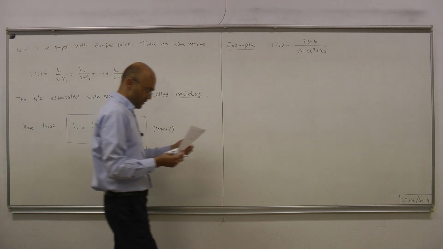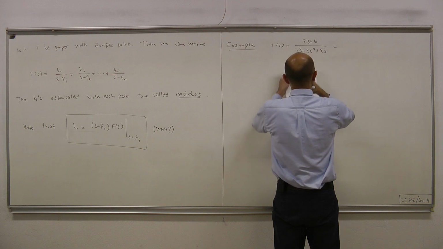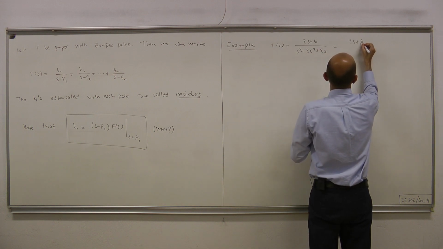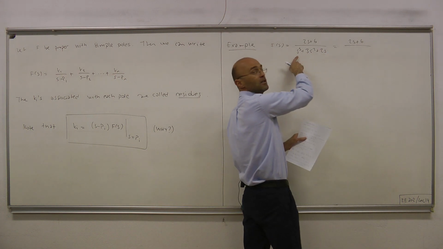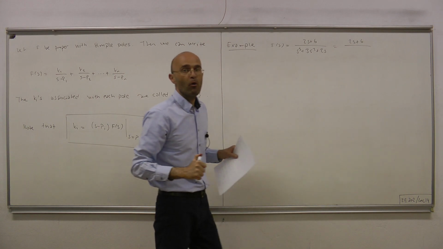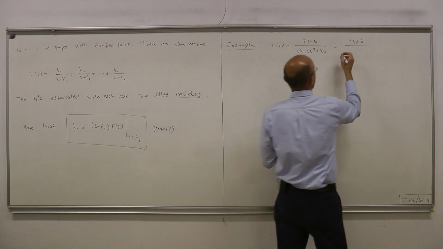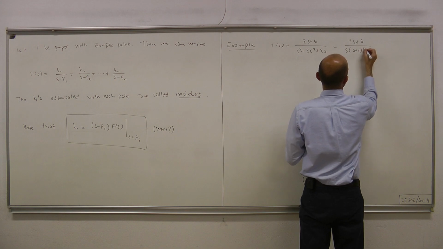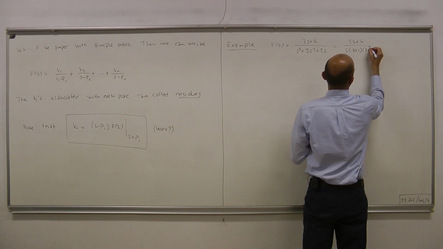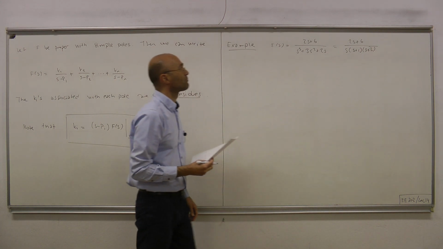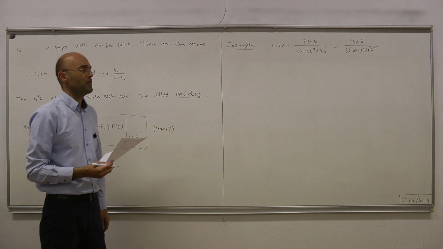Okay, so this equals (2s + 6) over, it's clear that we have a pole at 0, and the remaining poles are at -1 and -2. And we have a zero at -3.